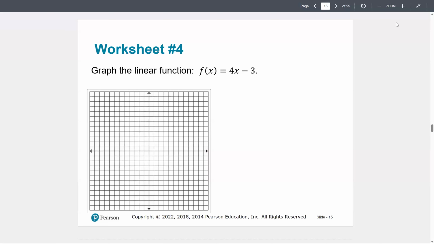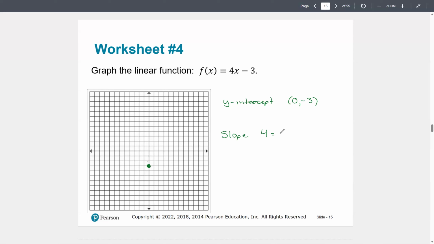Now try number 4. Think about how you can rewrite that slope as a fraction to help you graph it. So here we see the y-intercept is going to be -3. Right, that's my y-intercept.